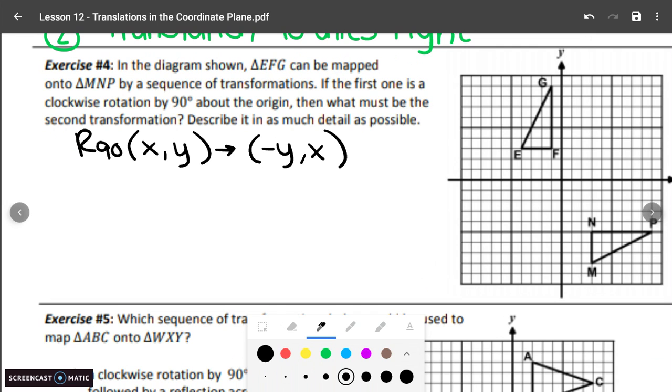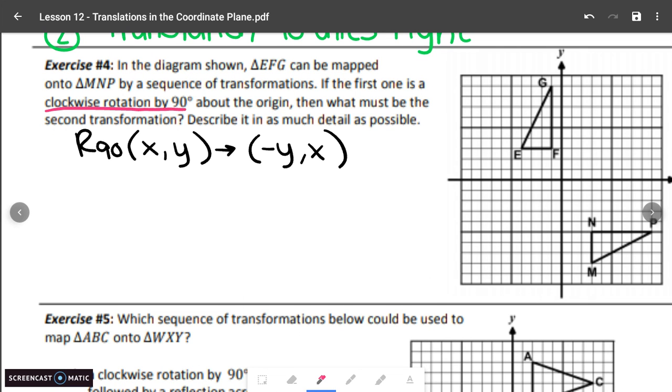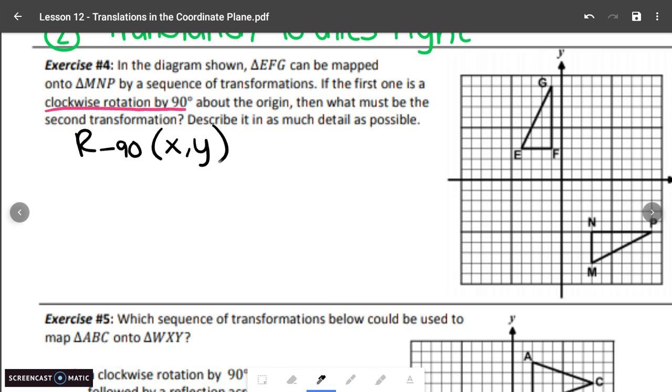Before you actually pause that video, realize I just saw something that we should be careful of. Clockwise rotation of 90, right? This first one, that's regular 90. We want to rotate it negative 90. So that's really y, negative x.